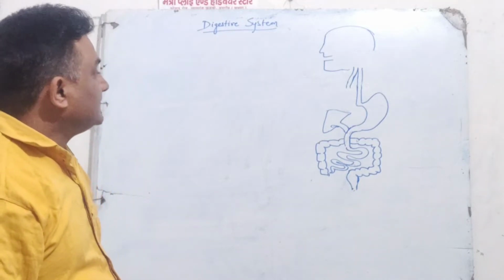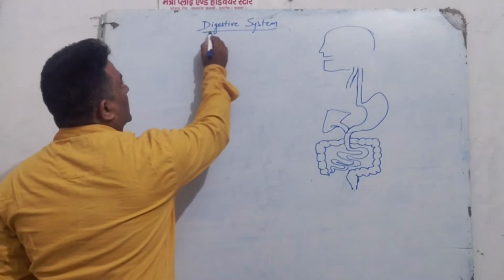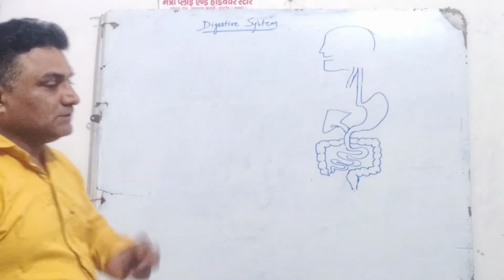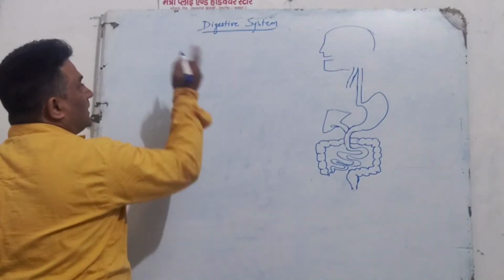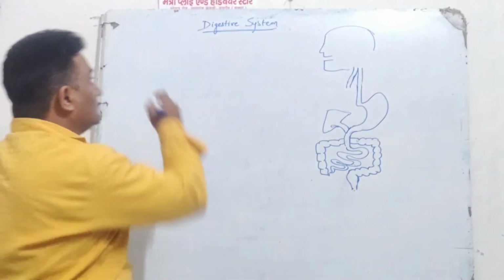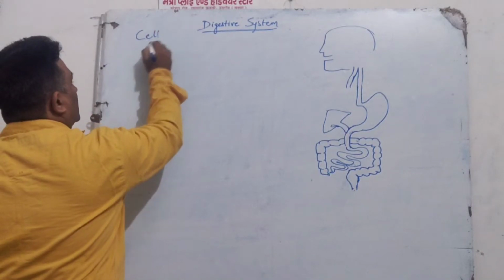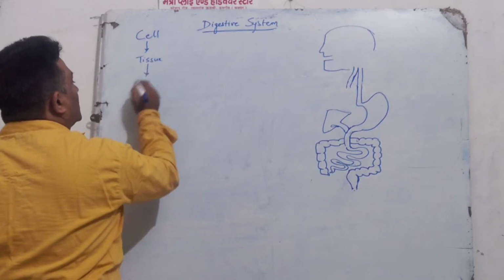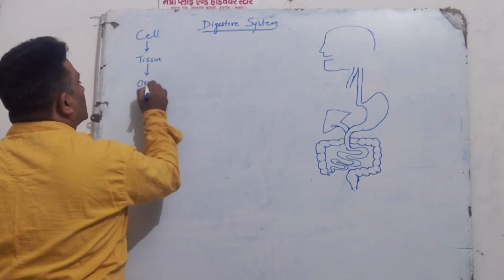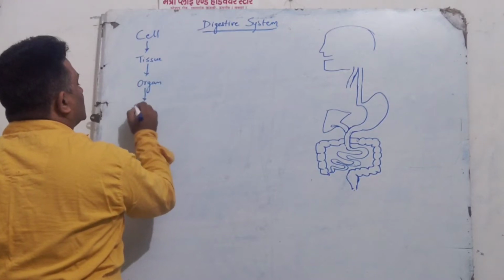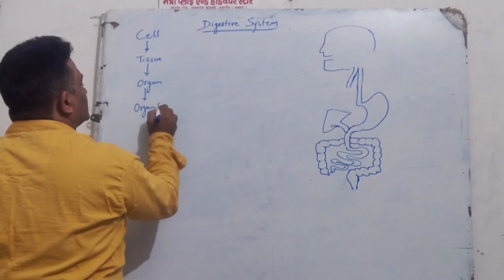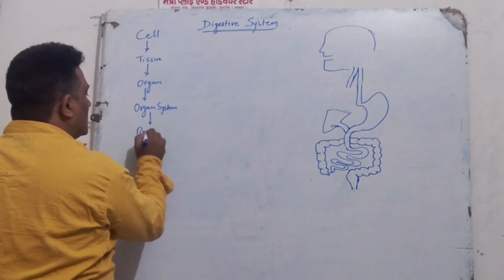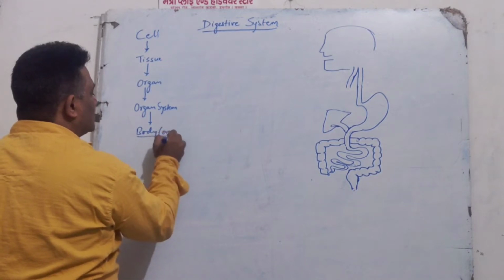So regarding the digestive system, we know from the initial stage that a cell, the smallest unit of life, constitutes tissue, and a group of tissue constitutes an organ, and a group of organs constitutes an organ system, and a group of organ systems constitutes the whole body, the organism.